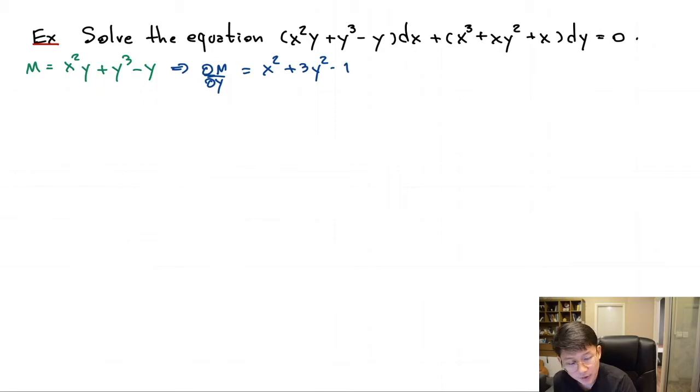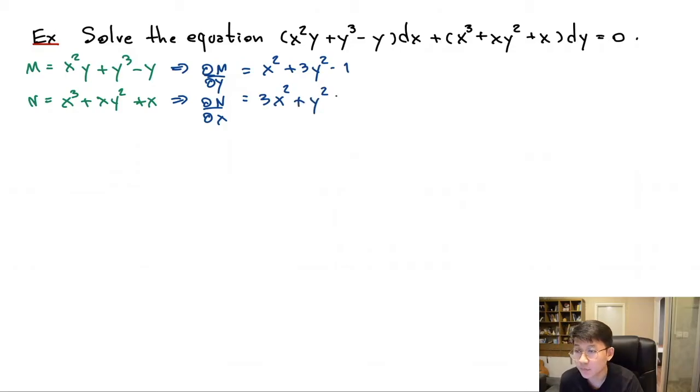Okay, so N is x cubed plus x y squared plus x. So dN by dx would be 3x squared plus y squared plus 1.